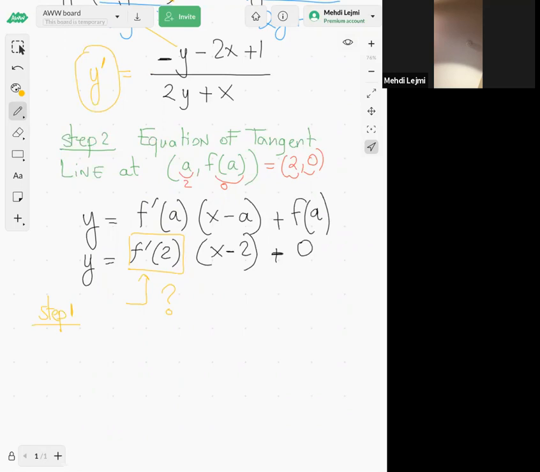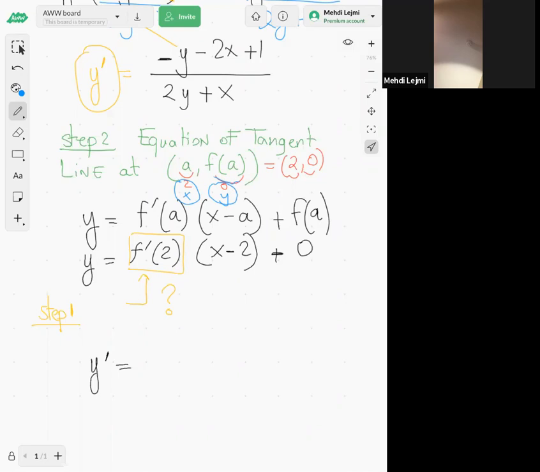Here a is like your x coordinate, this 2, and this is the y coordinate. So we are saying x is equal to 2 and y is equal to 0.